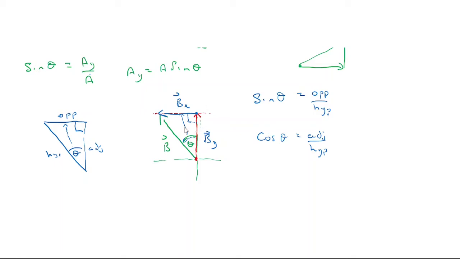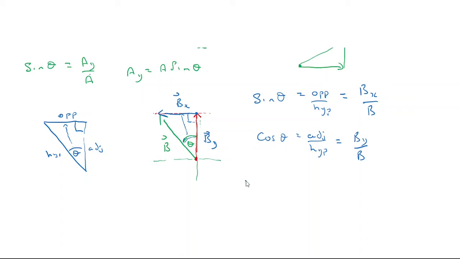So if I want the side that is opposite the angle, I must use sine. For this one, sine of theta will be Bx over b, and for this one, cos theta would be By over b. Remember, I'm just using magnitudes here.